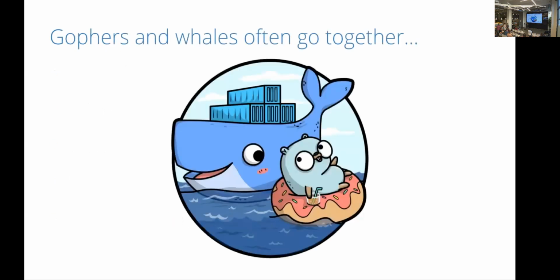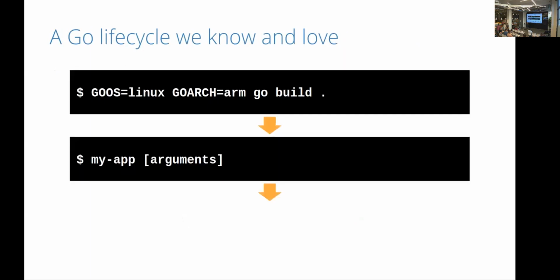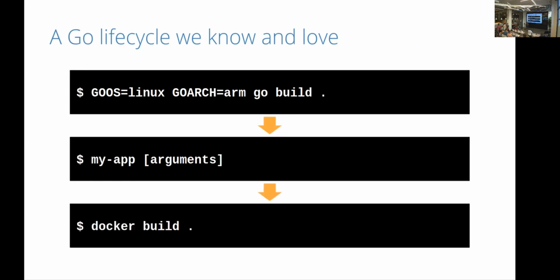So when I think of Gophers, I think we subconsciously often think of whales as well. That's because Go and Docker are very commonly used together. The typical process of using Go looks like this. You first build it into a desired binary, which we can then run as a service in a Docker container.